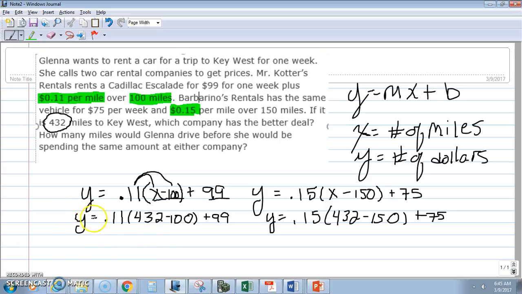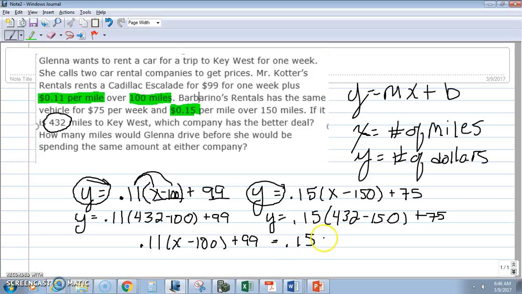I think straight up substitution, because you can graph them in the calculator. I would just be worried you're not always going to have access to that. But if we have y equals both of these, if this is the same on each side, you can just set them equal to each other. 0.11 times x minus 100 plus 99 equals 0.15 times x minus 150, parentheses, important for order of operations.